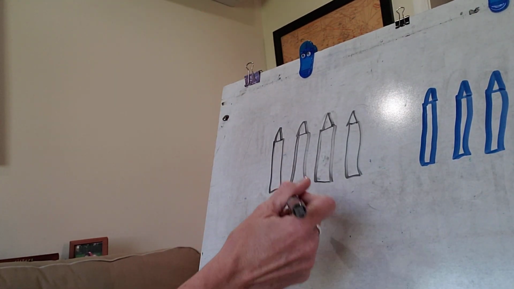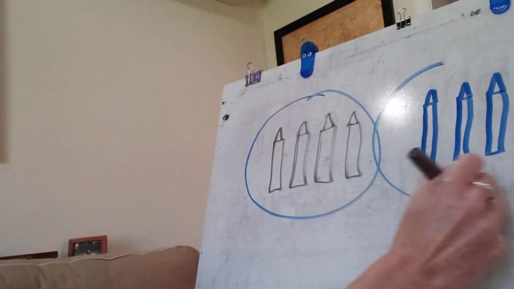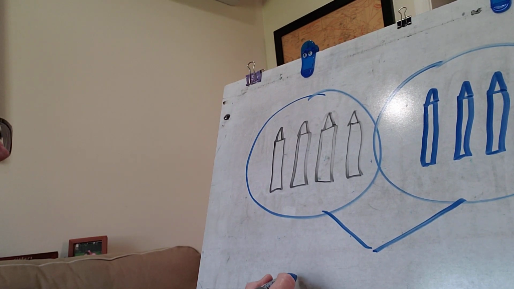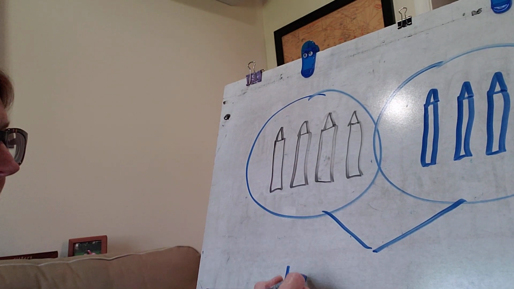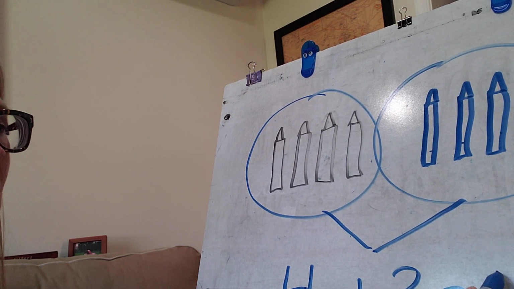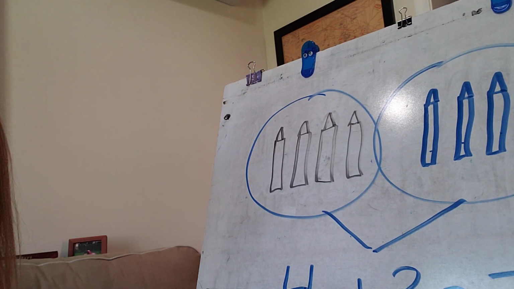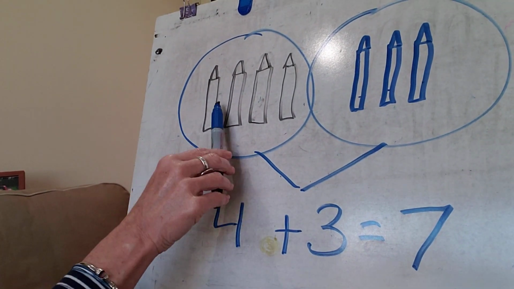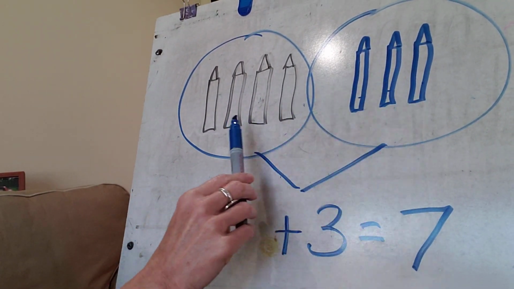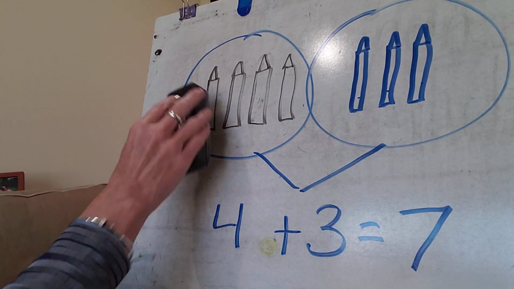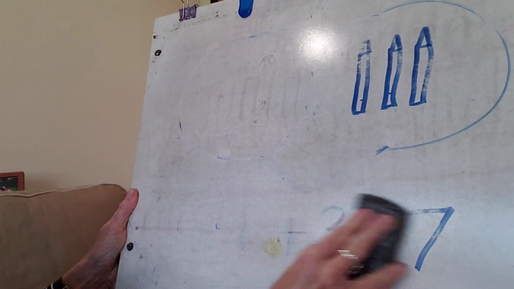And then I want to know how many pencils do I have all together? Okay. So I could say, okay, well, I have 4 plus 3 equals 7 pencils, right? Okay, because if I count them all up, sorry, you can't see that. 1, 2, 3, 4, 5, 6, 7. 4 plus 3 must equal 7, okay? So that's one way of solving a word problem.